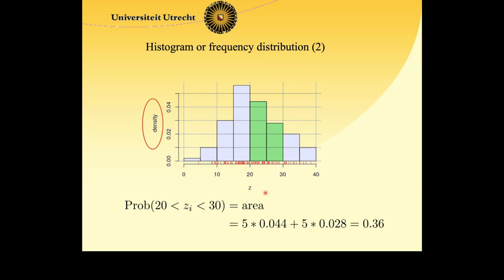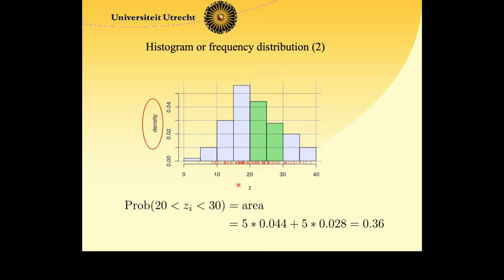Then you can derive that by adding up the relative frequencies of these bins, the area underneath the bins. That is the relative frequency 0.044 multiplied by 5, plus the area underneath this one, which is 0.028 times 5. So we get a probability of 0.36.